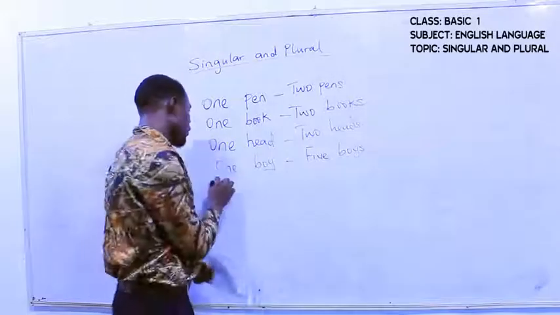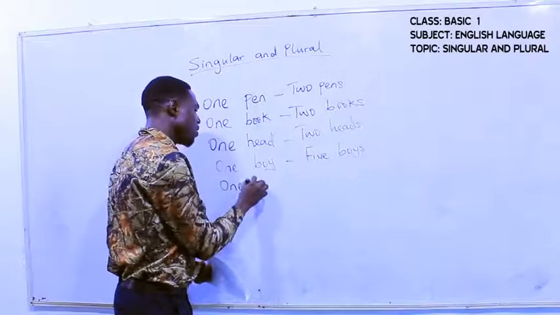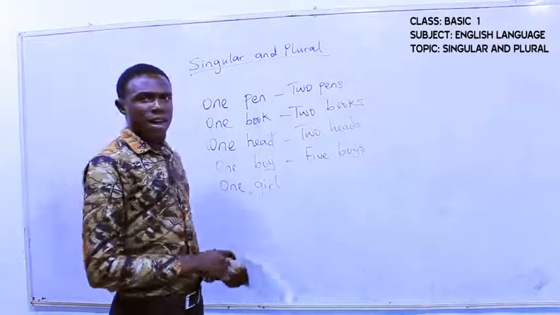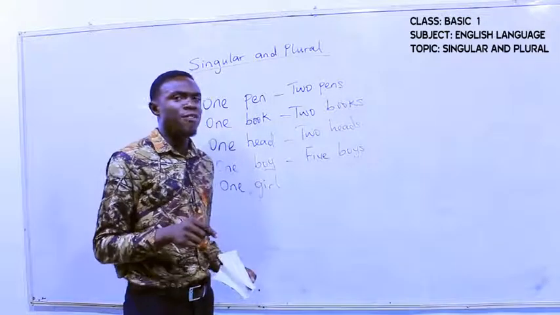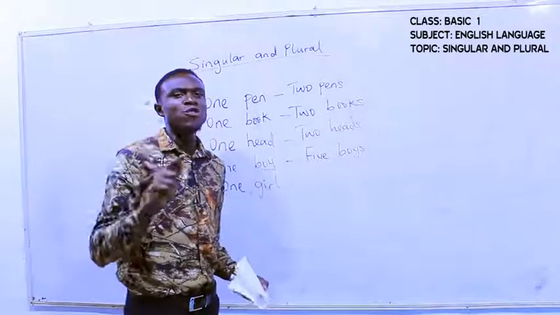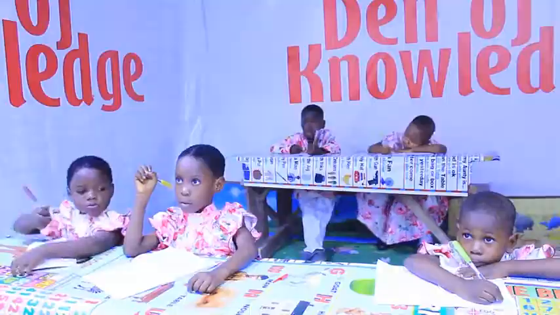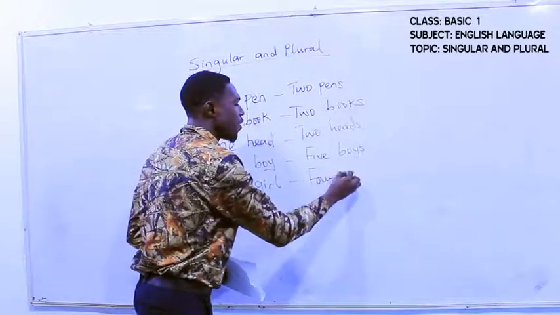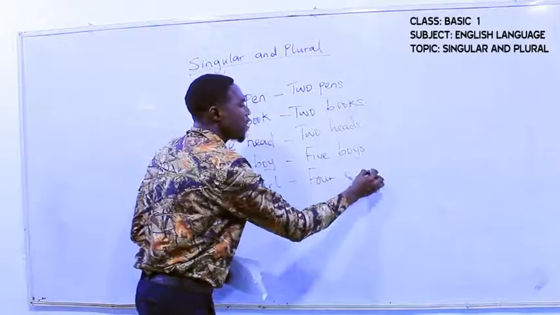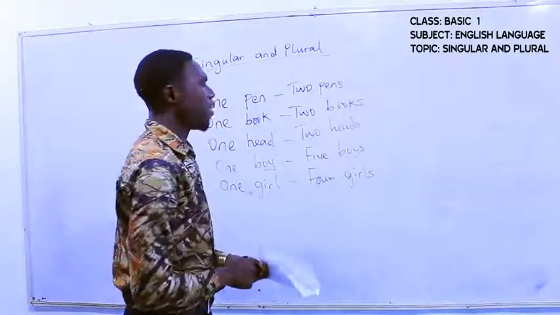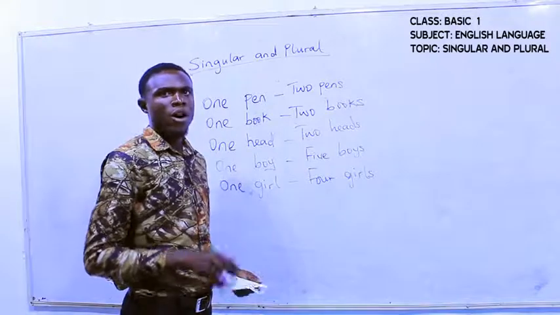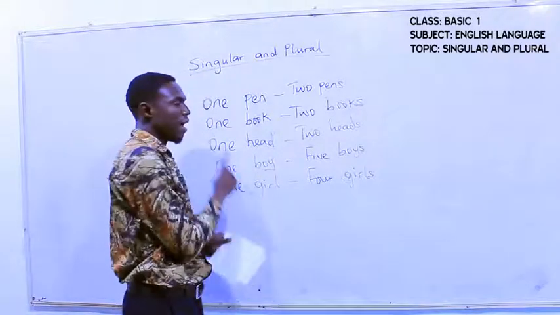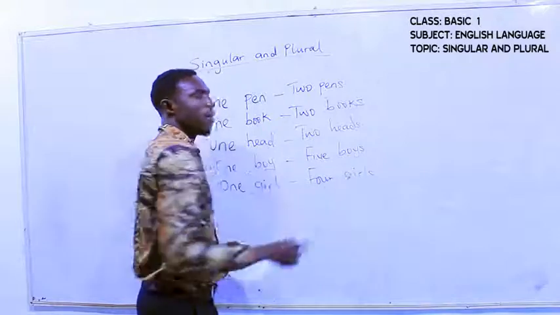Now we have one girl, which is singular. Now how many girls do we have here? We have 1, 2, 3, 4. 4 girls. So 4 girls are plural.